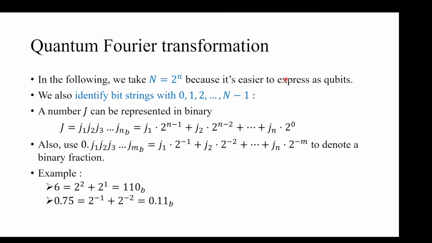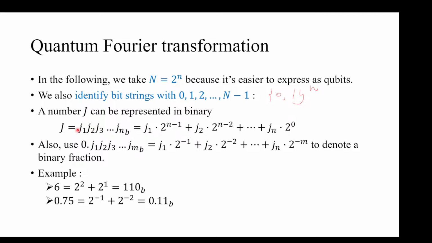And now because big N equals 2 to the n, we are going to express our numbers as bit strings, in {0,1}^n. This is the obvious mapping between {0,1}^n and the numbers 0 to N-1.